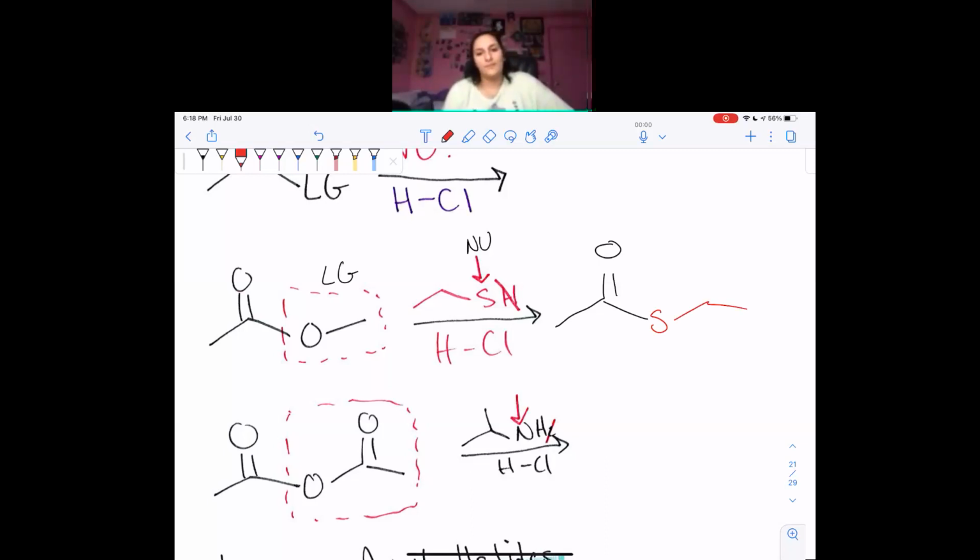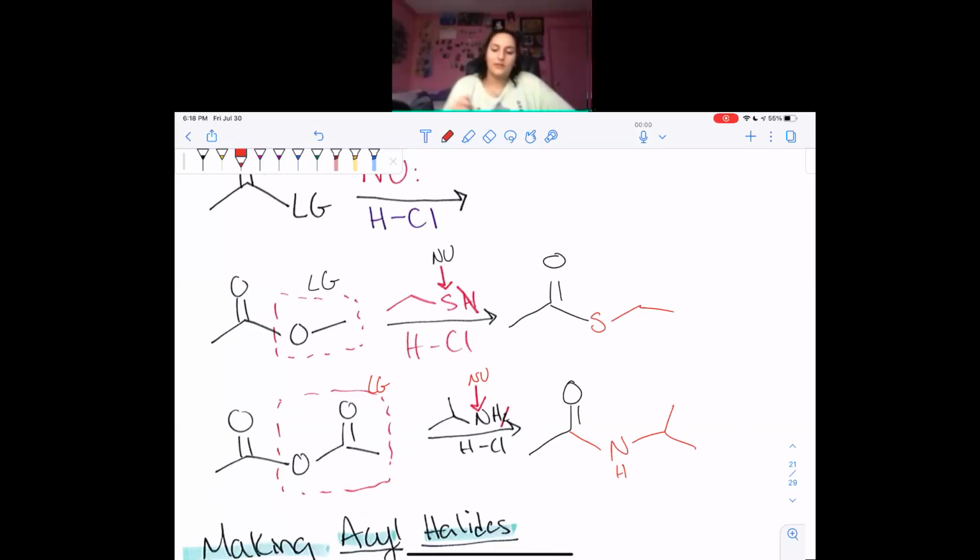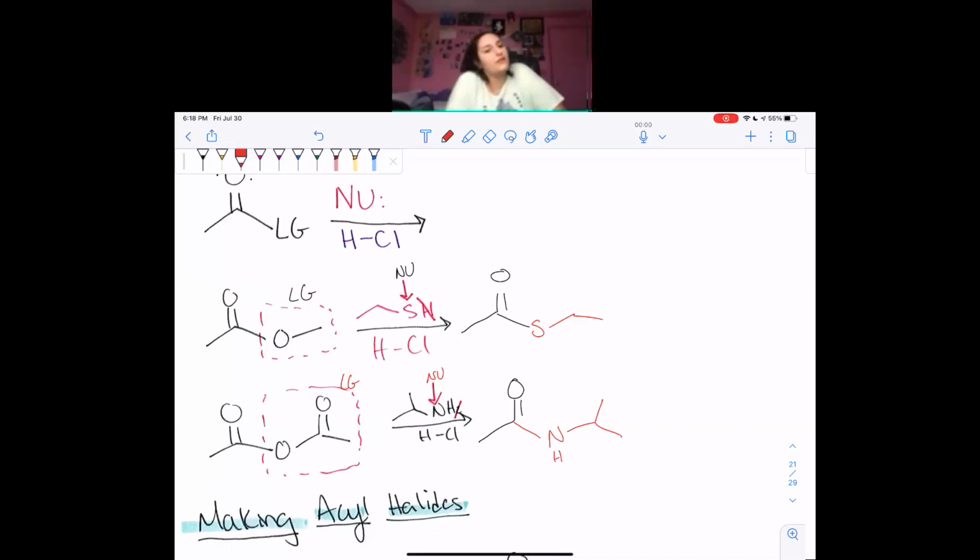Bam. Same thing here. We label the leaving group, we label the nucleophile, and we replace the leaving group with the nucleophile. Bam. That's all there really is to this chapter. If you see a leaving group and a nucleophile, it's probably going to be one of these reactions.